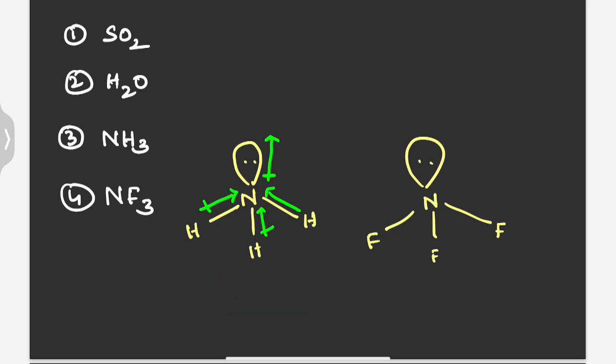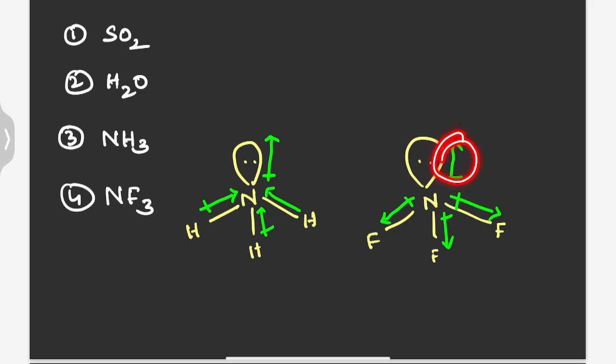In the second molecule, we will see. Here fluorine is more electronegative when compared to nitrogen. Therefore, the arrow should be in this direction, towards fluorine, and for the lone pair always towards the lone pair. Here you can see 3 arrows are in one direction, whereas for the lone pair it is in the opposite direction.